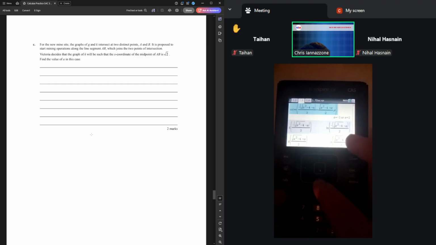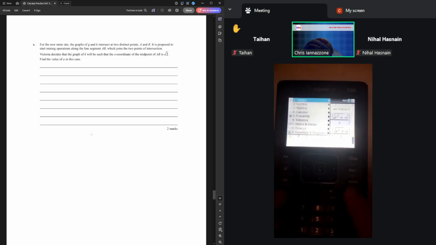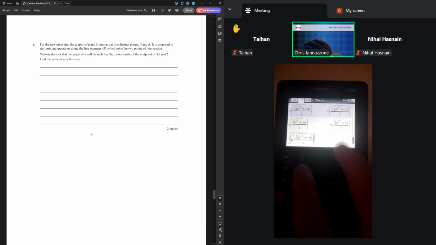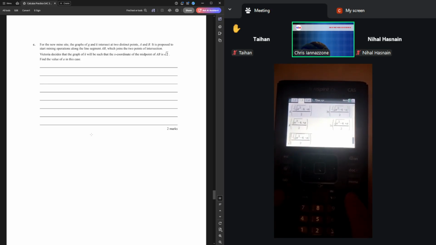Cool. Now from there, distance formula, that's just evaluating. No, it's not a solve, it's an evaluate. So we go square root of x2 take x1, so it's going to be that.